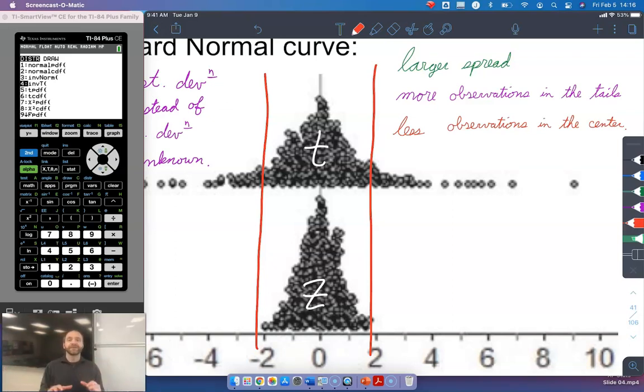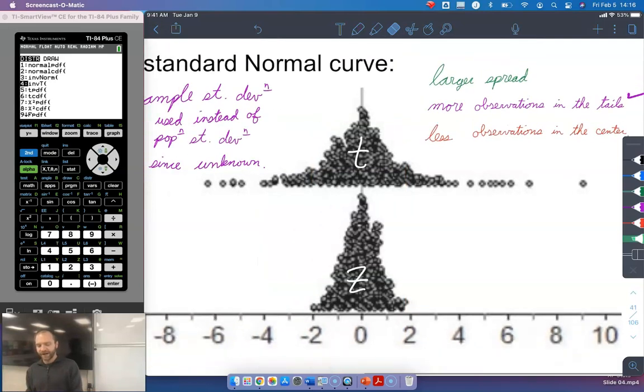There are more observations, or more area in the tail, and that is the purple part right here. So what else? I could also see there is a large spread in the T distribution sometimes. And we'll figure out how we can get that spread to not be large. That's really important, there are times where it is going to be larger than a normal. Not large continually, but larger than normal.